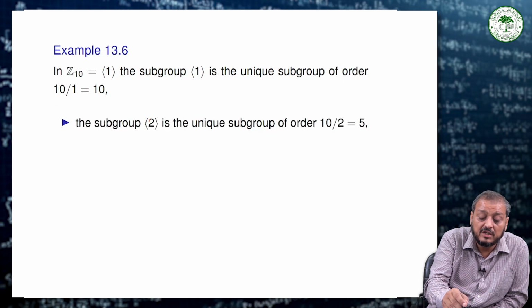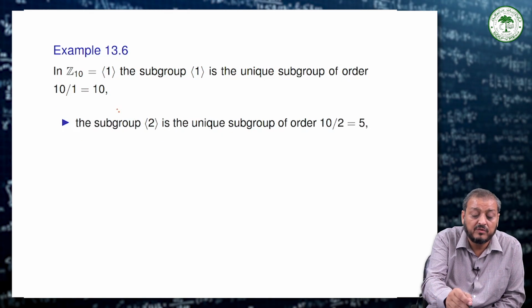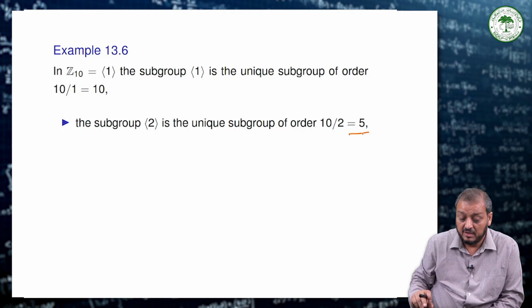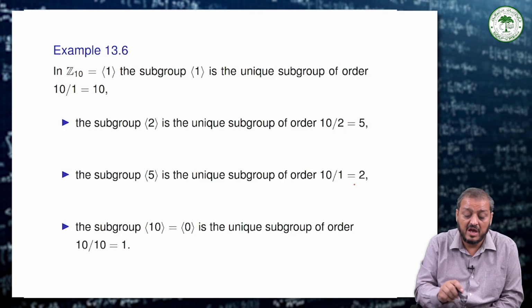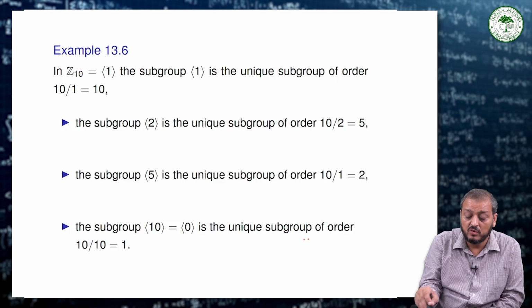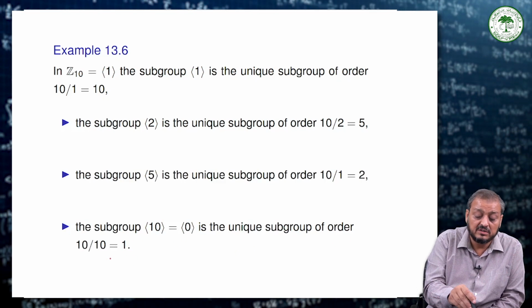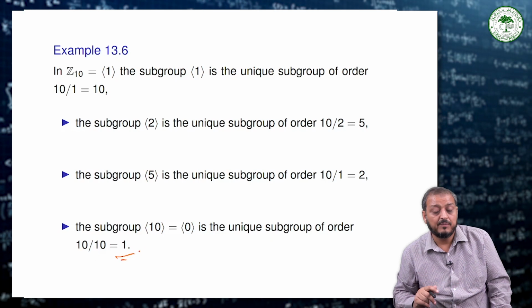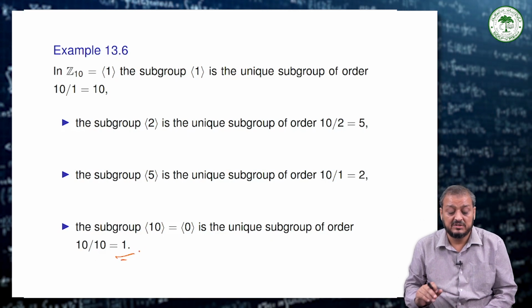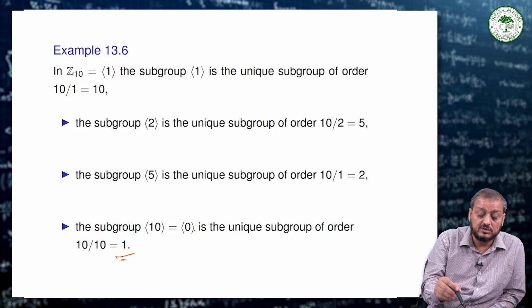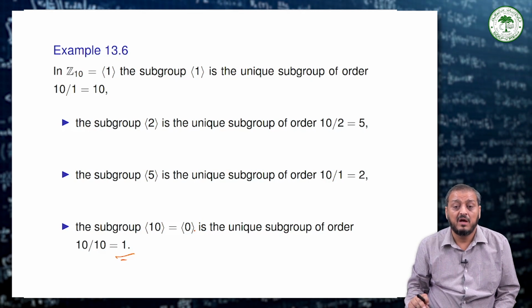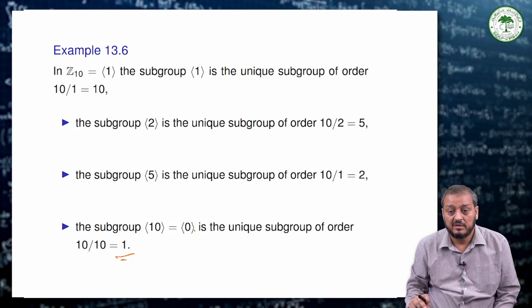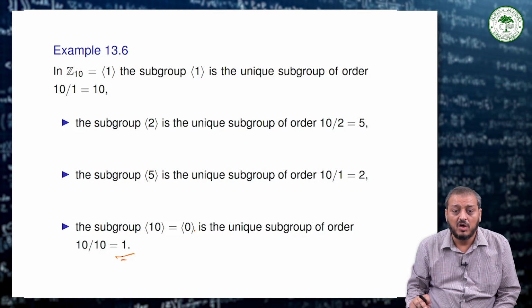The subgroup generated by 2 is the unique subgroup of order 10 over 2, which is 5. The subgroup generated by 5 is of order 2. Then 10 is equal to the identity, so the unique subgroup of order 1 is generated by 0, the identity element. These are all the subgroups of Z10.